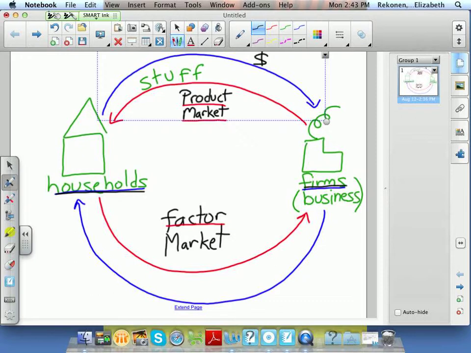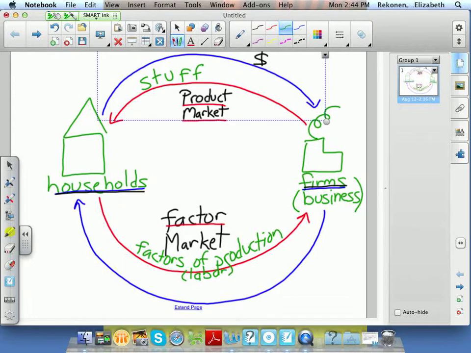So the arrow going from the households to the firms or businesses, we're going to label that line the factors of production. And the easiest one to remember is labor. So in parentheses, we're going to write labor.